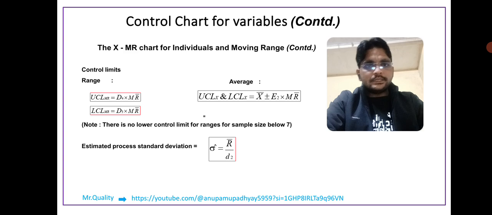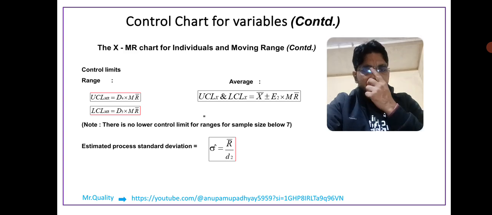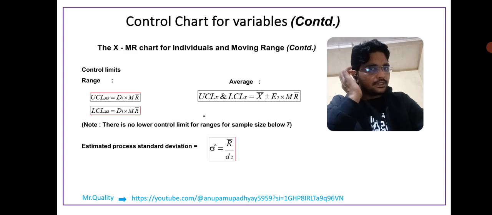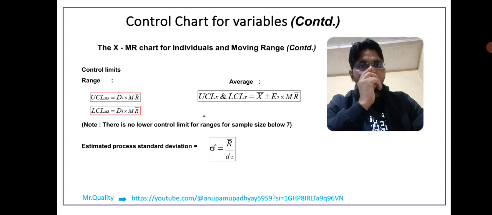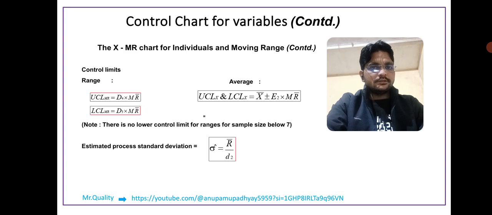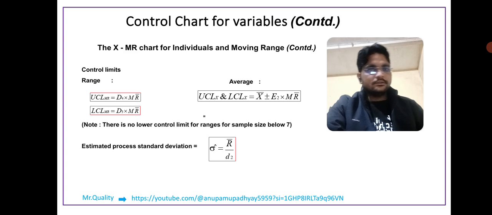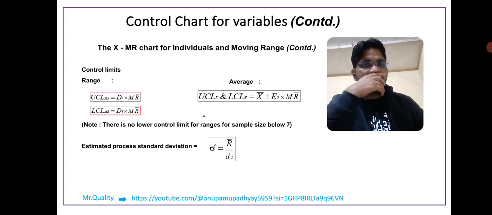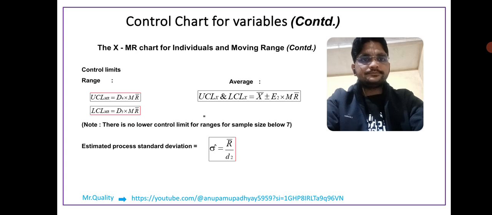For ranges, UCL MR is D4 MR bar, and LCL MR is D3 MR bar. That is already explained in the X bar R chart and X bar S chart. There is no control limit for ranges for sample size below 7. Estimated process standard deviation sigma is R bar divided by D2.